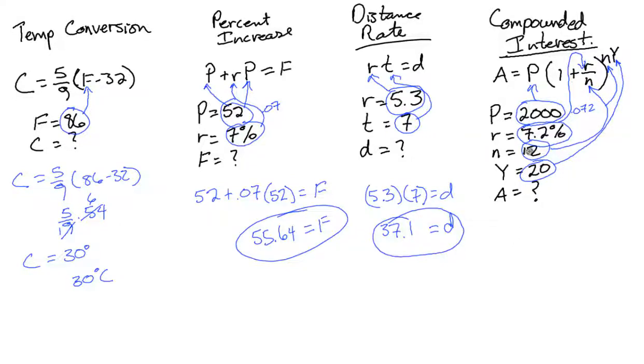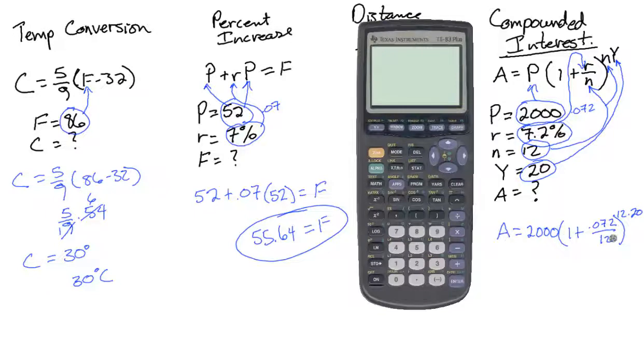This is a pretty big, tough thing, so let's pull up a calculator and stick it in so we can all see it. As we write it out, A equals 2,000 times 1 plus 0.072 over 12, all to the 12 times 20. Here we have a calculator to punch all this in.